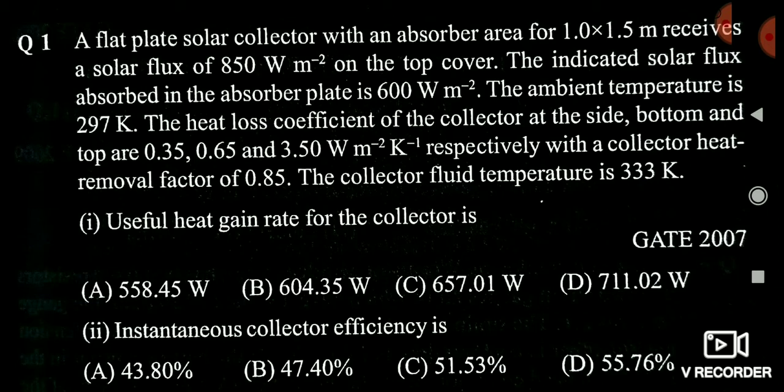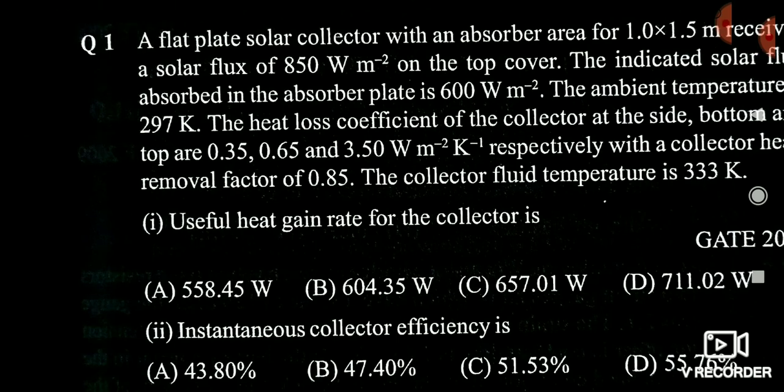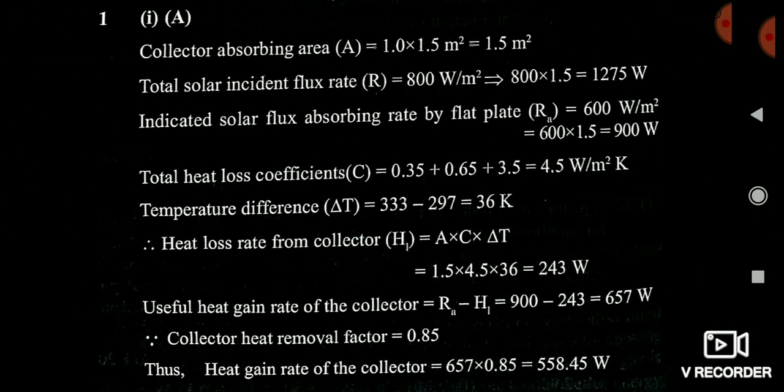Either magnetic flux, electrical flux, any type of flux, it means something divided by area. So here solar flux is given, means solar energy per unit area. So you calculate the area firstly. Area is 1 into 1.5 meter square. Solar flux, total indicated solar flux rate, means 800 watt per meter square is given. So 850 into 1.5 you will get 1275 watt.